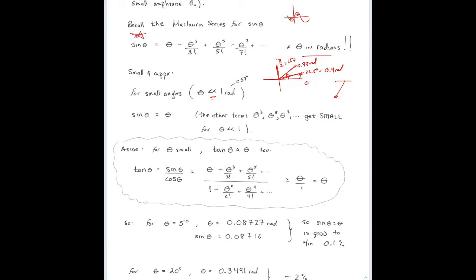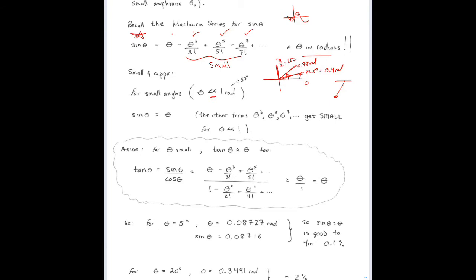So the idea with the Taylor series, with these powers of theta, is that the small angle in radians is less than 1. When you take a number less than 1 and you cube it, raise it to the 5th, and raise it to the 7th, numbers less than 1 get smaller. So for a small angle, these terms get small.